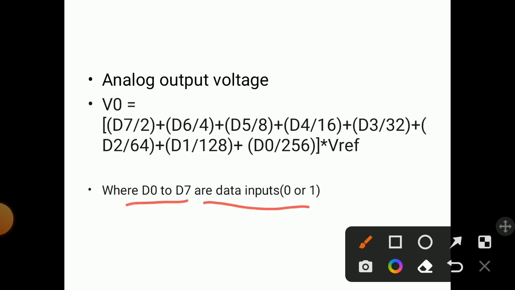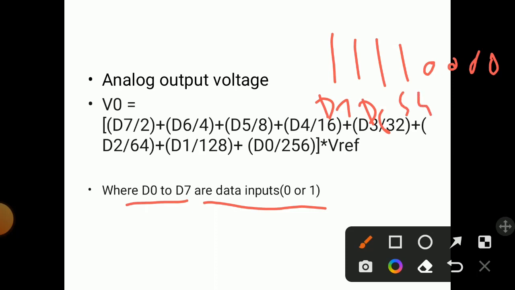These are all data inputs, 0 and 1. We have to put the values of 0 and 1 in the place of D7, D6, and so on. Suppose our number is 1 1 1 1 0 0 0 0. These are D7, D6, D5, D4, D3, D2, D1, D0. So the value of D7 is 1, D6 is 1, D5 is 1, D4 is 1.